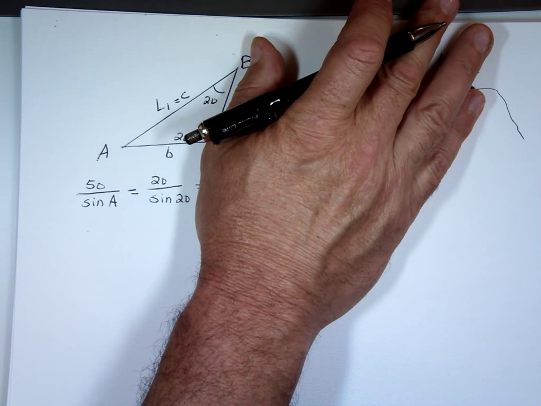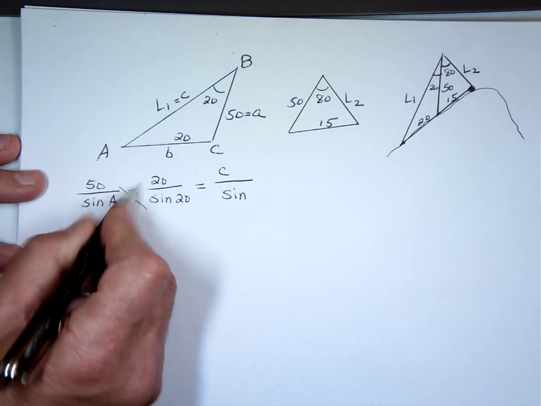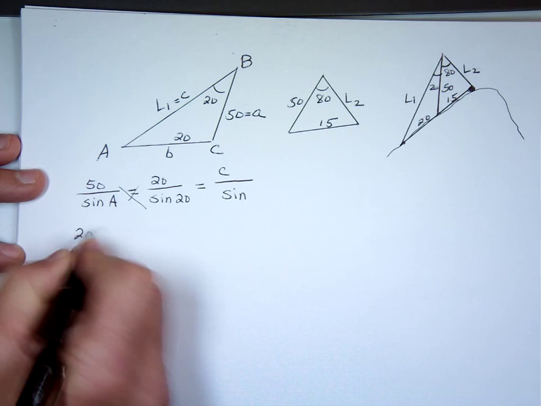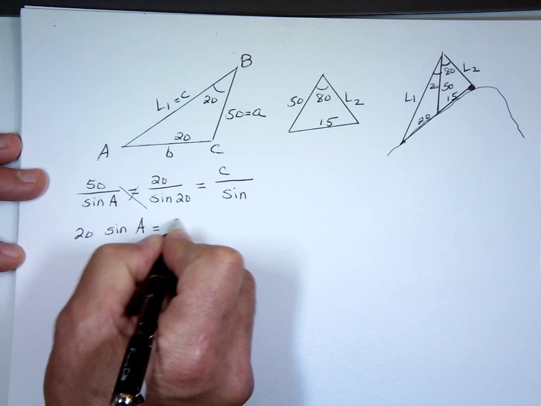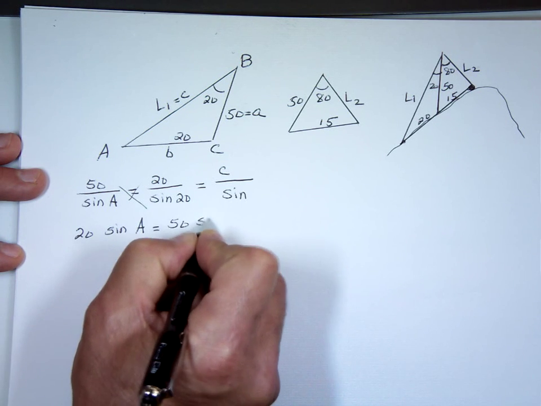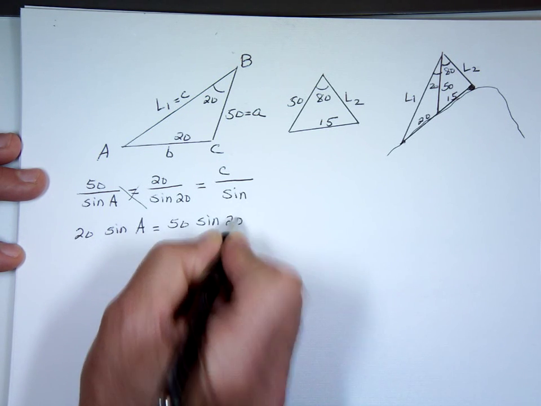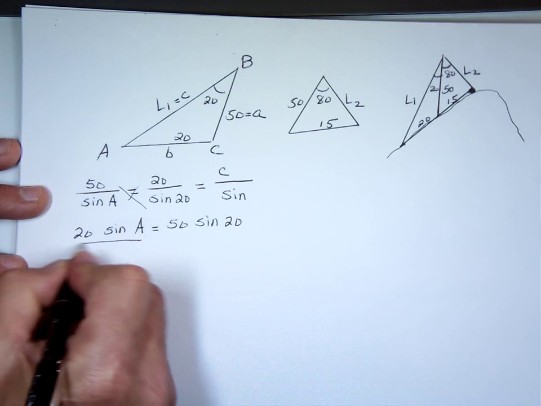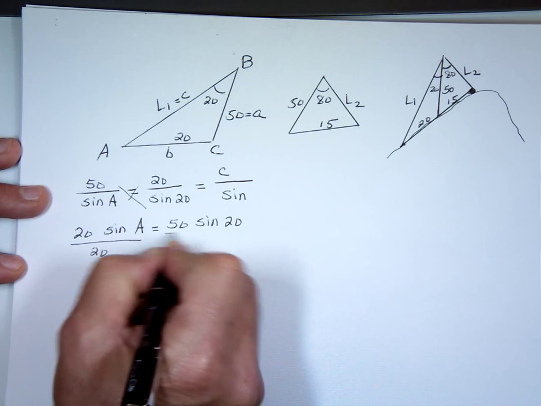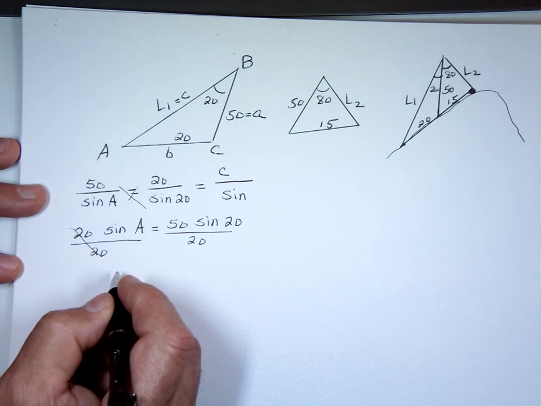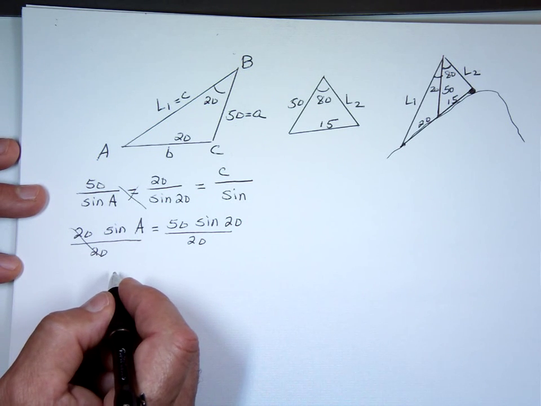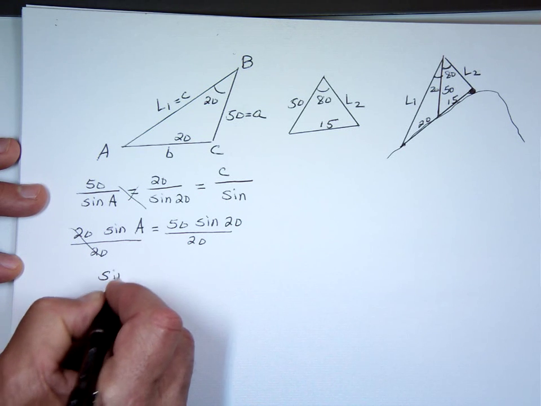So if I cross multiply here, 20 times sine of A should equal what? 50 times sine 20. Divide both sides by 20. Now hopefully these numbers work out, because I didn't think about it.